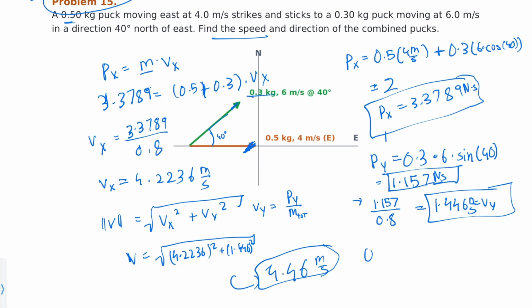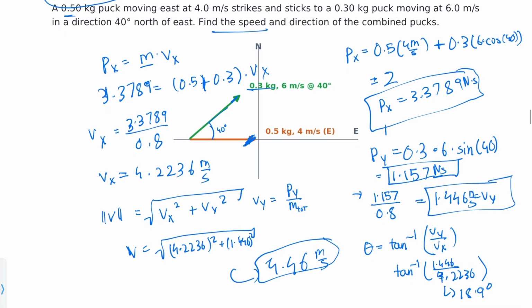That's just theta is equal to arctangent of velocity y over velocity x, arctangent of 1.446 over 4.2236. So about 18.9 degrees.